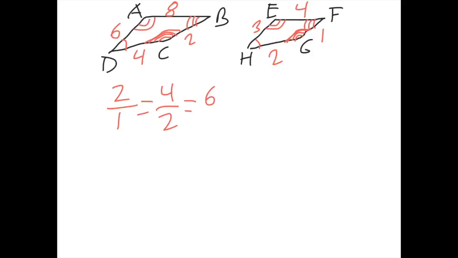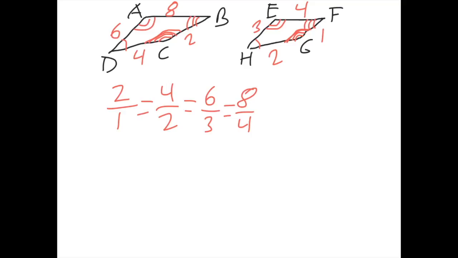So then 6 to 3, and 8 to 4. If all those ratios end up equal to each other, then the polygons are proportional and similar.